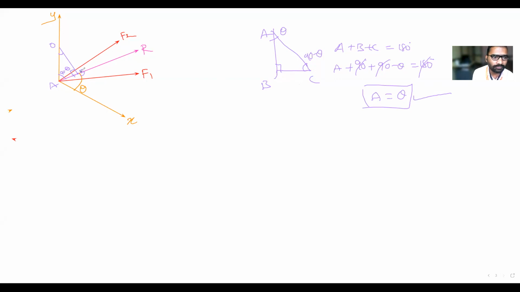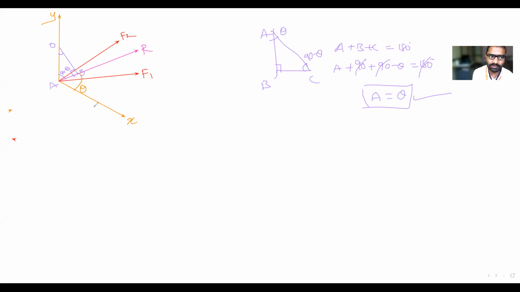So F1 and F2 are two coplanar forces. The resultant of F1 and F2 is R, the resultant force. This resultant force is making an angle theta with respect to horizontal. The angle between the x-axis and y-axis is 90, we know that.